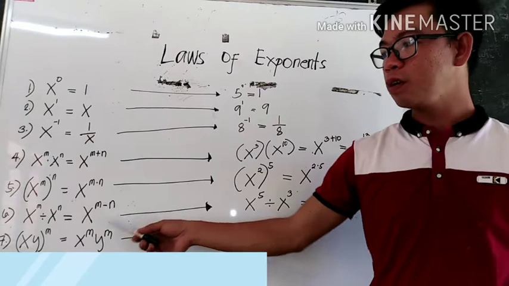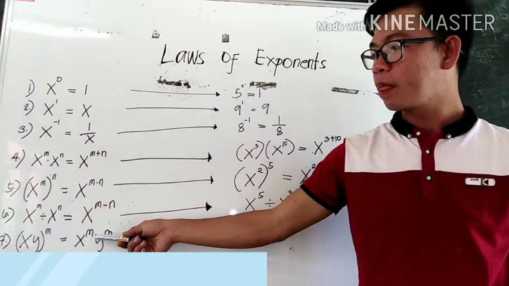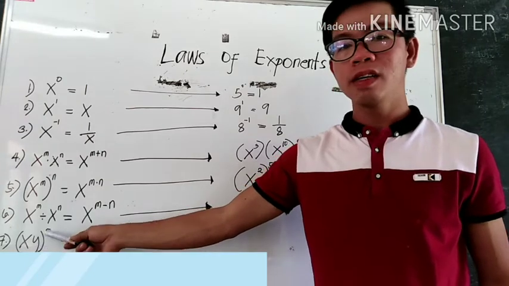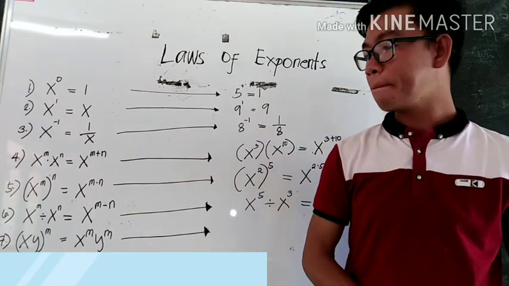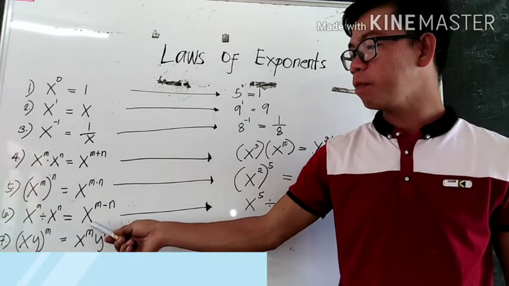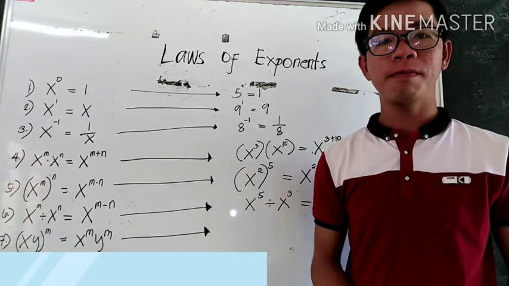Okay, rule number 7, we have the quantity xy raised to the power of m is equal to x raised to the power of m, y raised to the power of m.